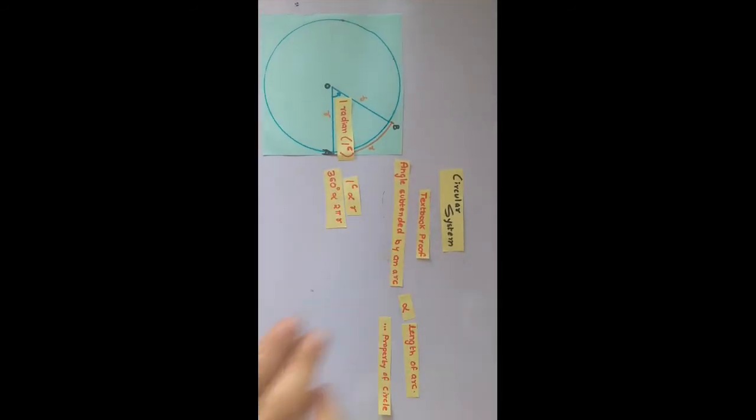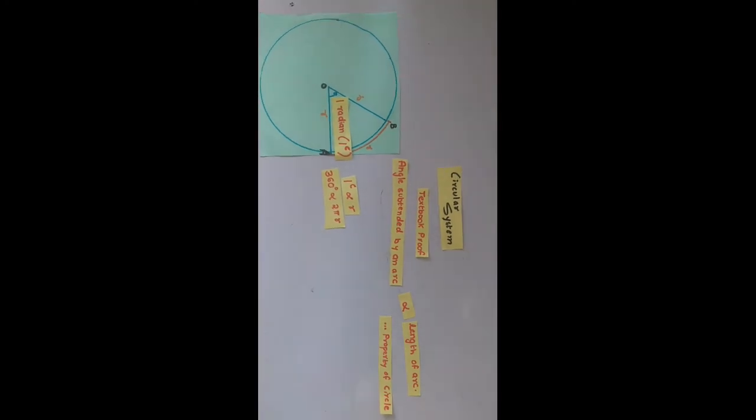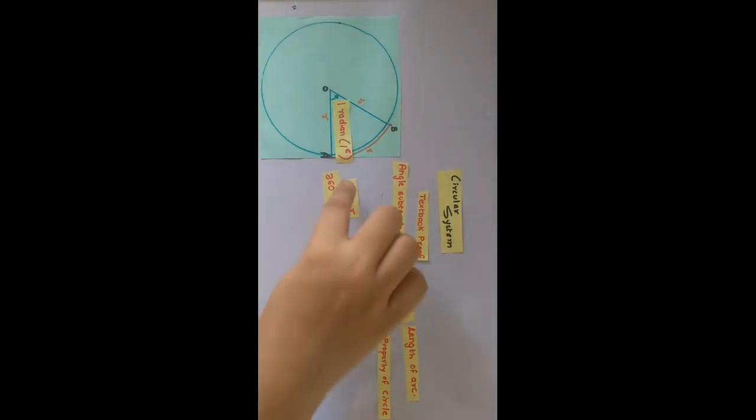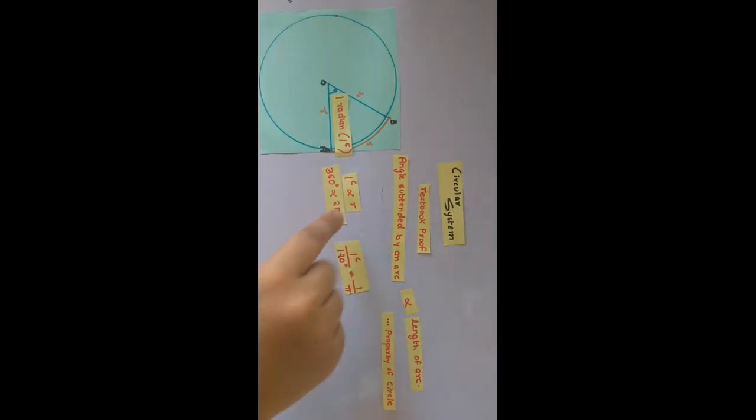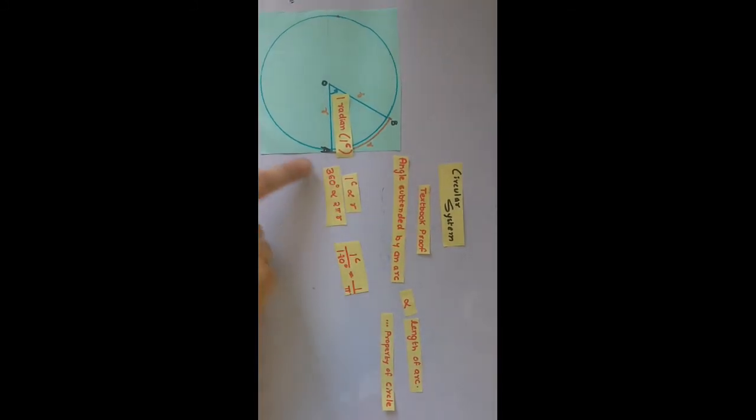Now we have these two relations. So we can write 1 radian divided by 360 degrees equals r divided by 2 pi r. If we cancel 2 with 360 degrees, we get 180 degrees, and cancelling r also, we get 1 radian divided by 180 degrees equals 1 divided by pi.